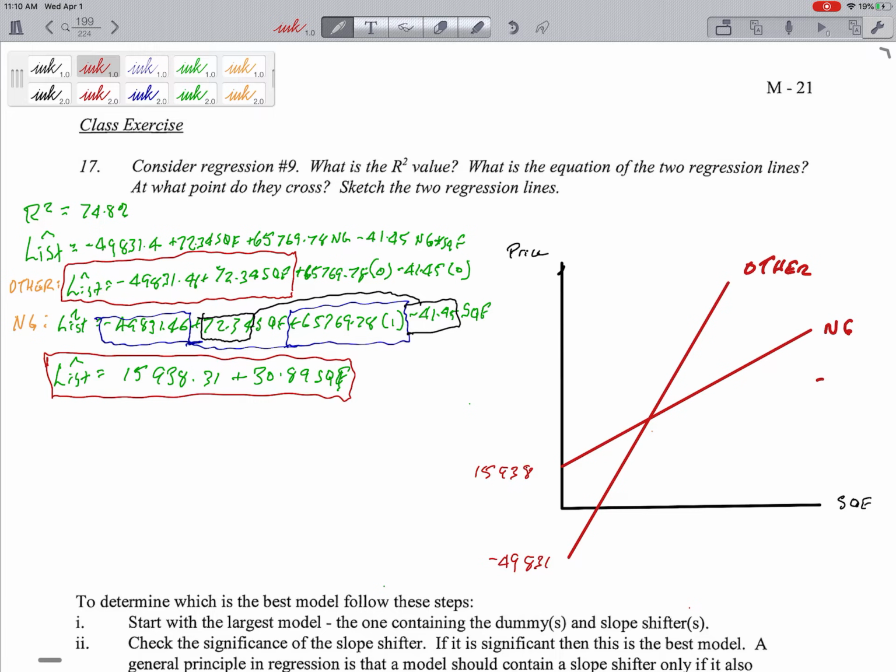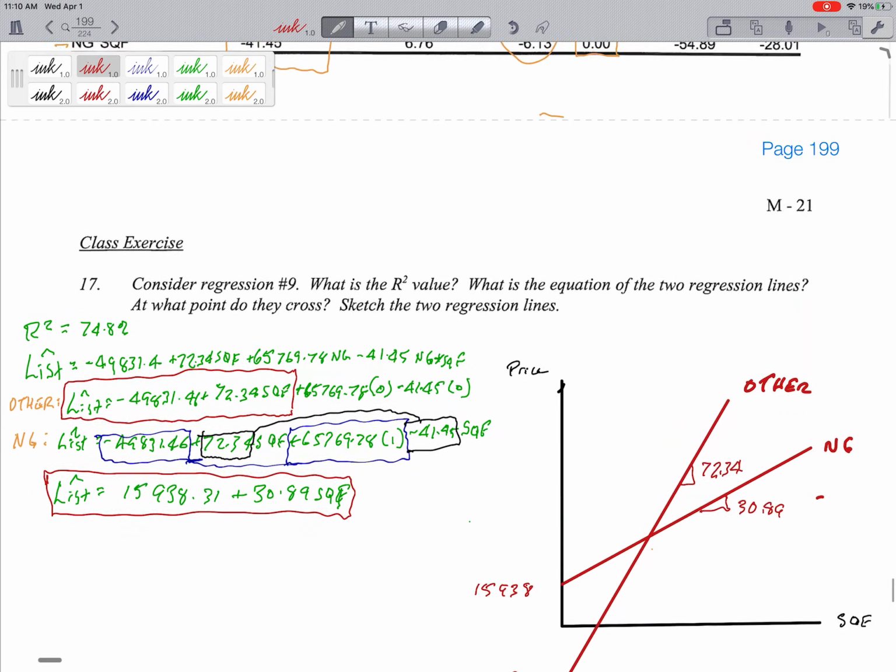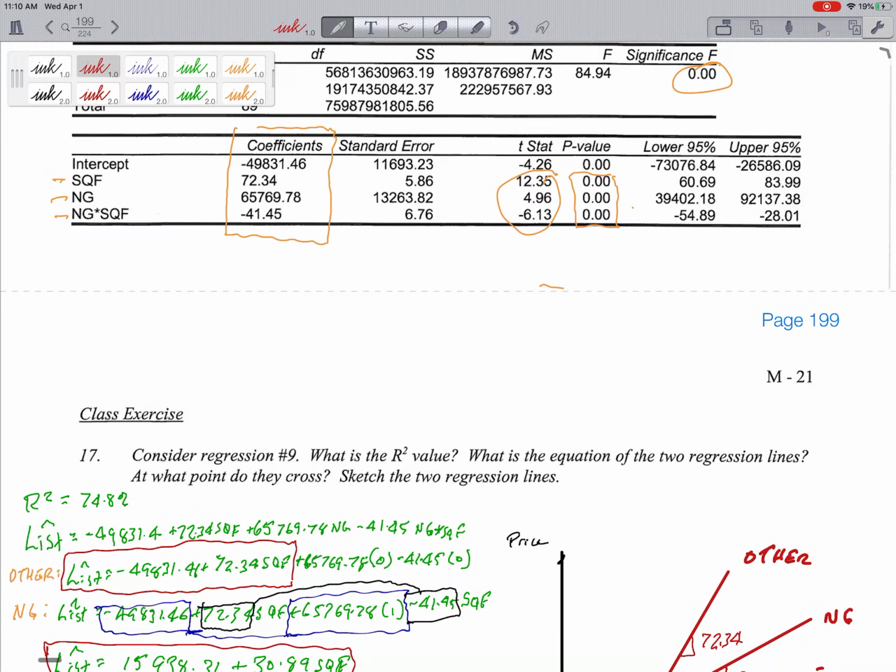And then we've got slopes: a flatter slope of 30.89 for NG, and 72.34 for other. The difference in the intercepts, which is in the NG variable, is significant. There's also a significant difference in the slopes. And square footage is still significant.